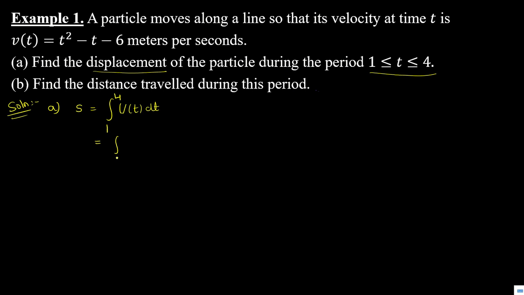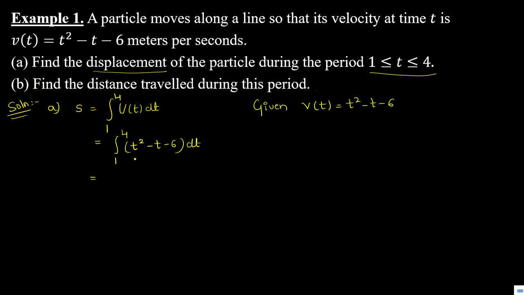Now we know the value of v of t, that is t square minus t minus 6. So substitute the value of v of t: integral of t square minus t minus 6 dt.